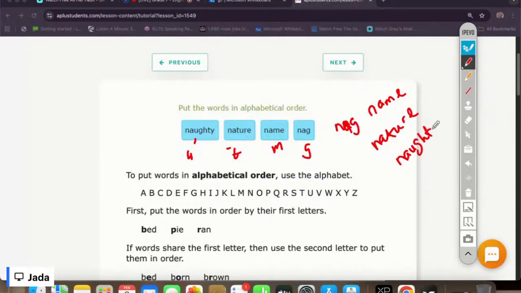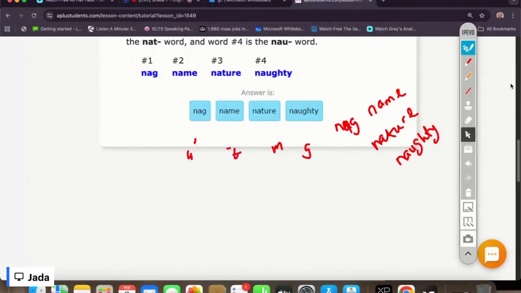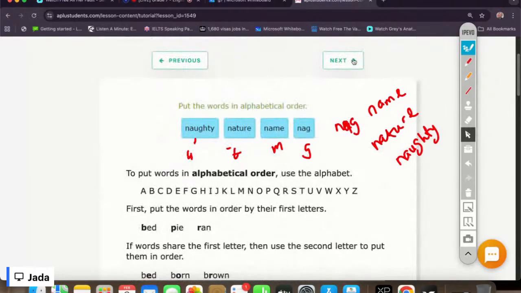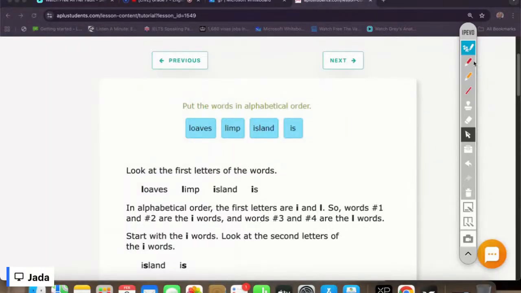Okay, so remember that if one is shorter, you have to put the short one in front. After putting it in front, then you continue with the rest. So we have loaves, limp, island, is. What do you think is the right answer? You have to look at it, L or I first. So of course I comes first.